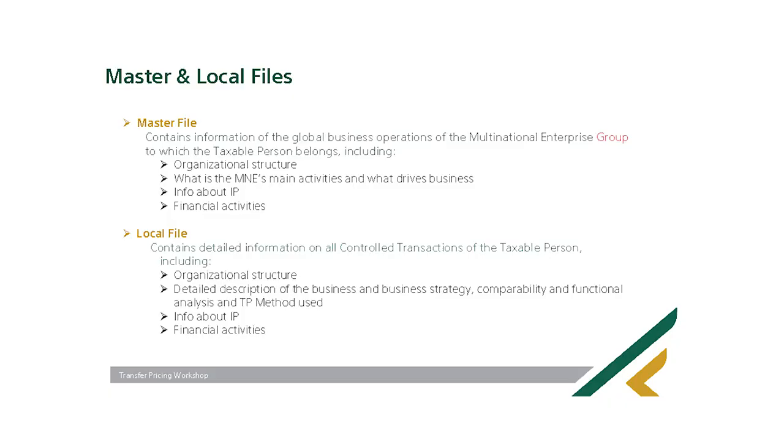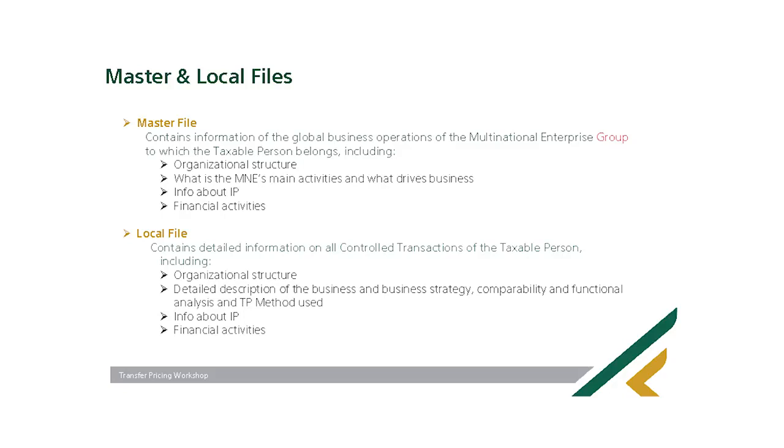Because you cannot own an IP if you're not in control of it. You cannot just be the legal owner. You also need to be in charge, making the decisions. So the IP is very important to be aware of. Who's the owner of that IP? What financial activities are going on within the group is, of course, important to know as well.